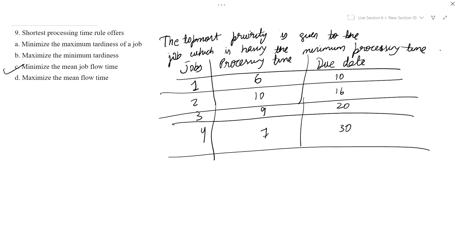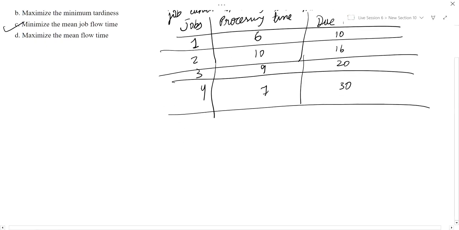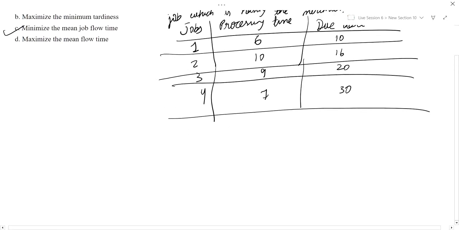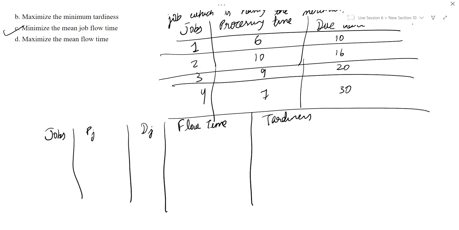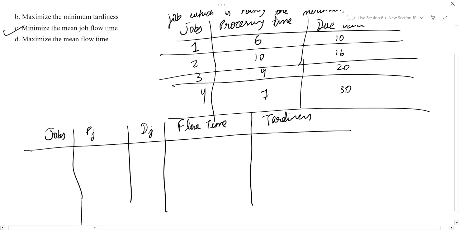Now we have to use the SPT rule for this. So according to the SPT rule, now we will make the table again. Jobs, processing time, due date time, this is the flow time or completion time, and this is the tardiness or the delay. Now we will arrange the jobs in increasing order of their processing time.